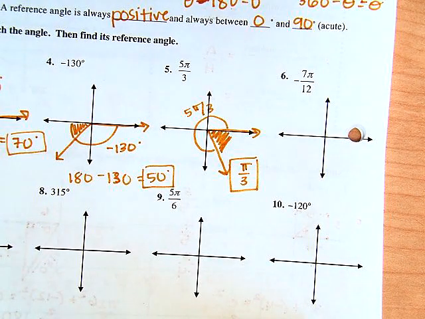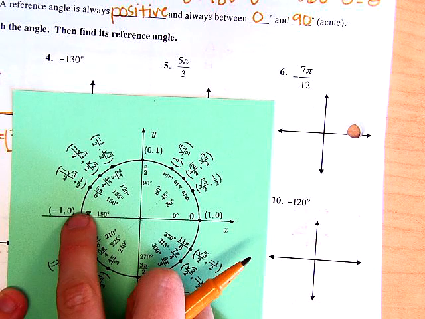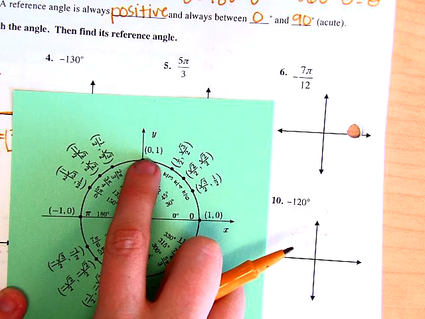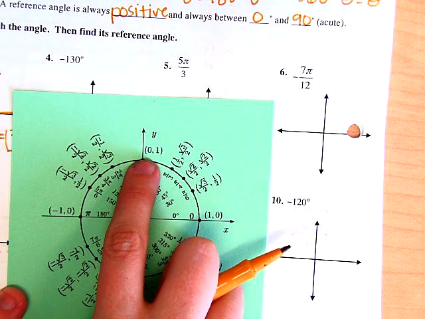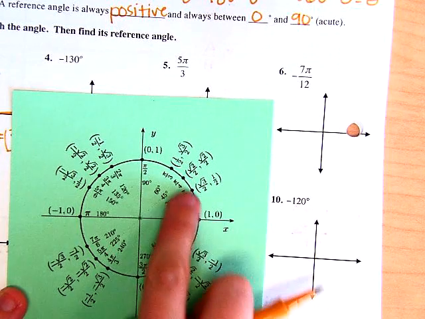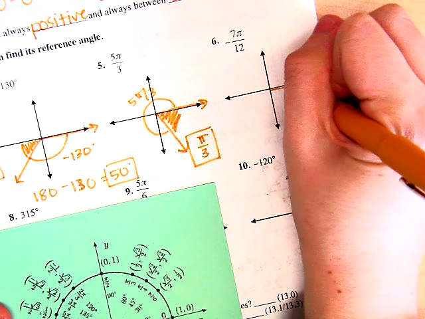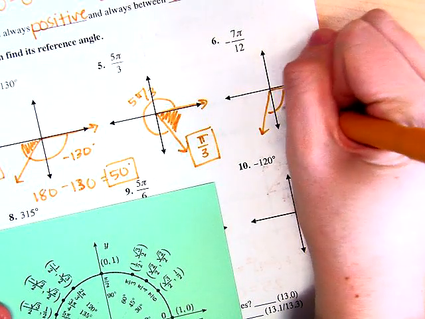Negative 7 pi over 12. Okay, so let's think about this. 12 pi over 12 would be right here. 6 pi over 12 would be right there. So 7 pi over 12 would be somewhere in here, but I'm going negative. So instead of going from here to here, I'm going to go here down. Just a little bit, past that.